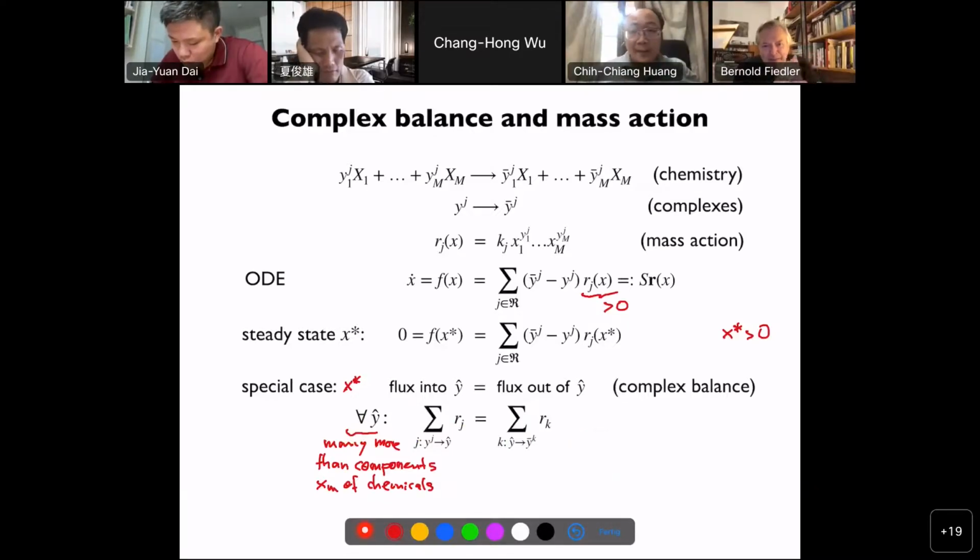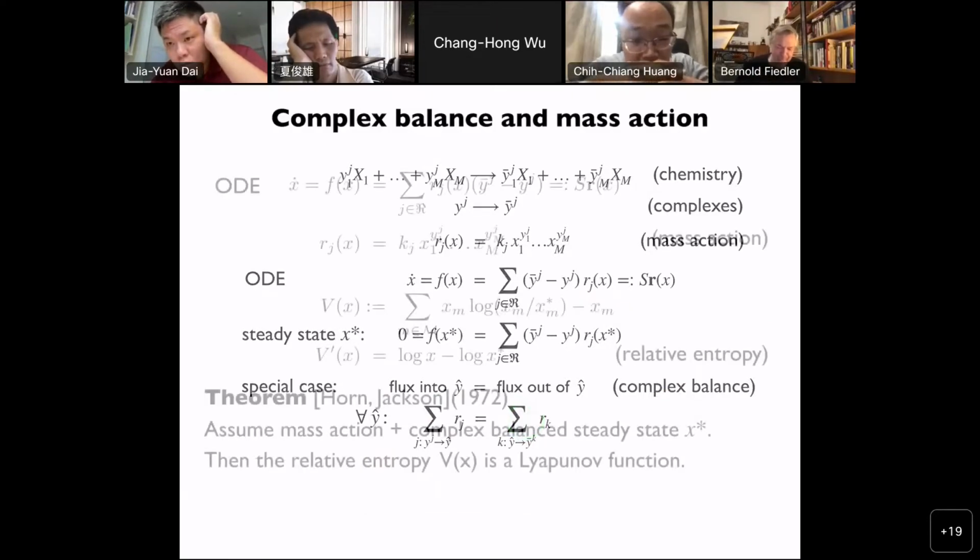The network must be good, or you must be lucky with the coefficients, because you have too many equations and too few unknowns, okay? But if you have complex balance, then the network gets, so to speak, much stronger, much more important, okay? Let me show you how.